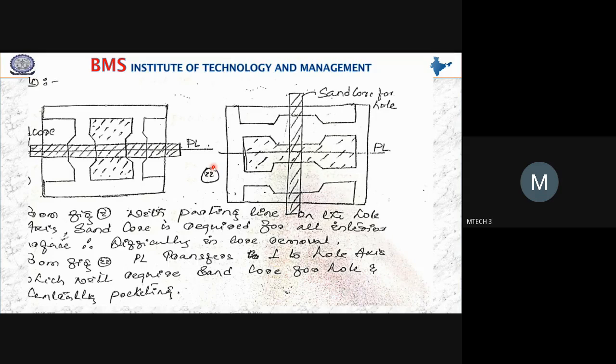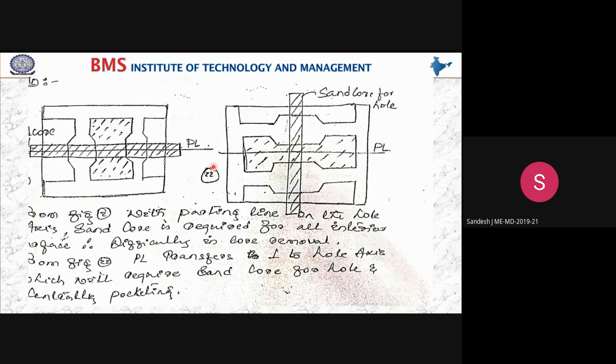Yeah. So what do you understand by this? What is the solution, what is the diagram showing? Anybody can explain the figure number 1? So the parting line is along the shaft, sir. Okay.